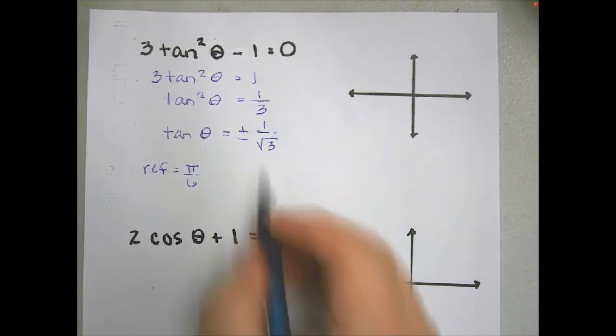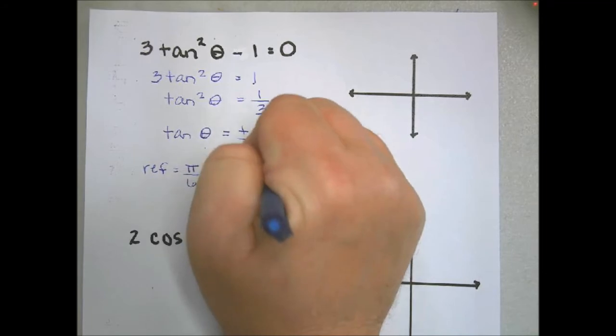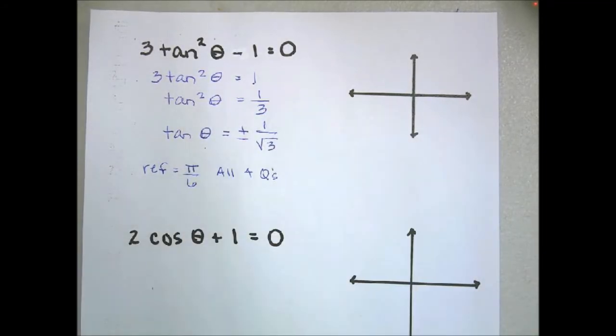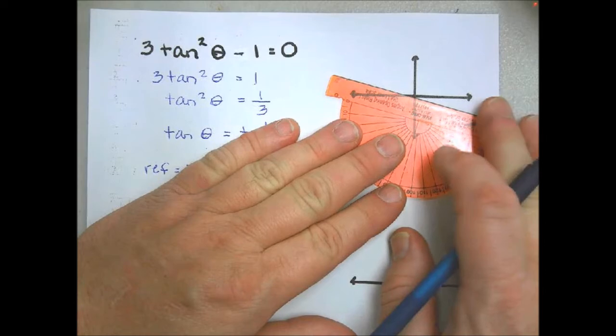And we've already talked about we are in all 4 quadrants. So if you want to get a visual of what that looks like, it would look something like this.